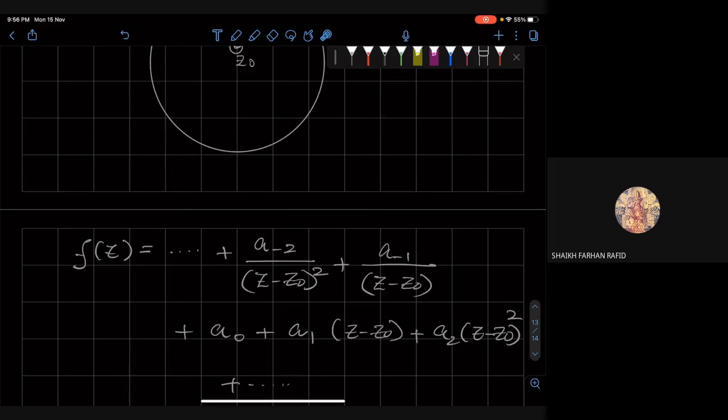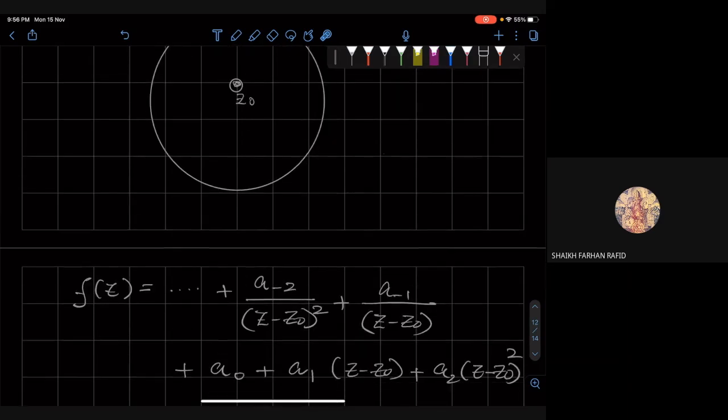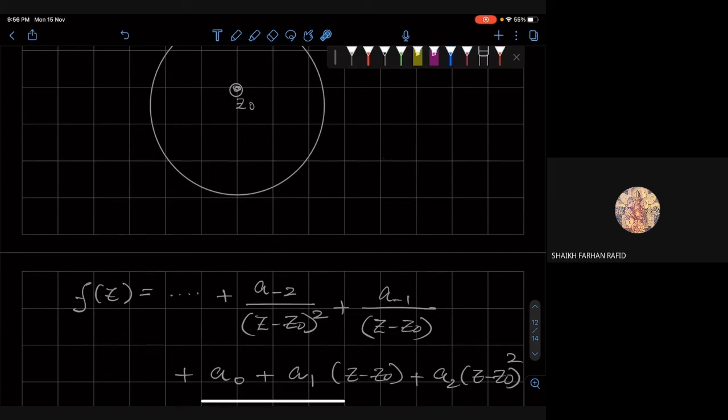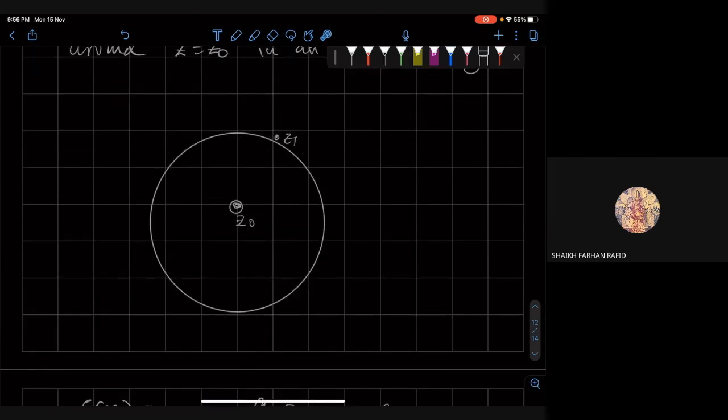The second point is not included in the expansion. If there is another point, then this expansion is valid between this point and this point. Okay, got it.